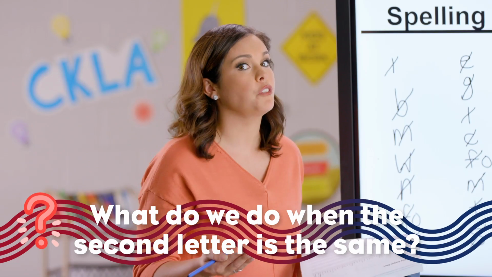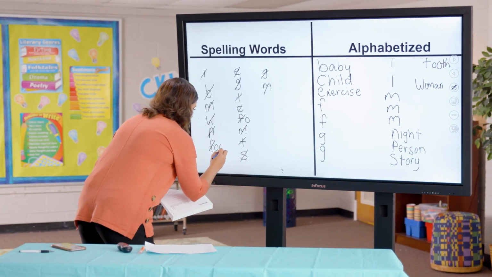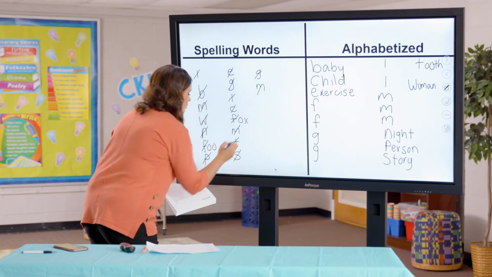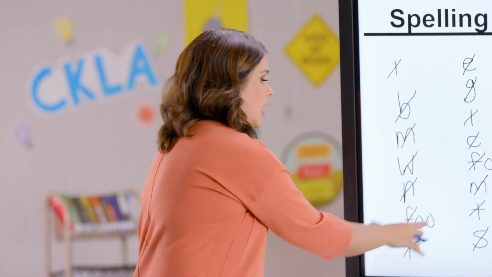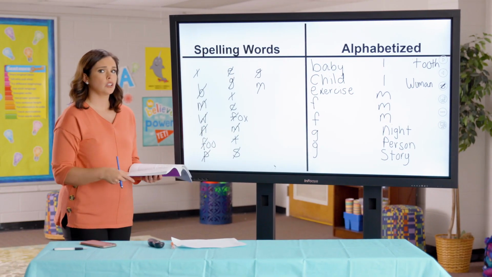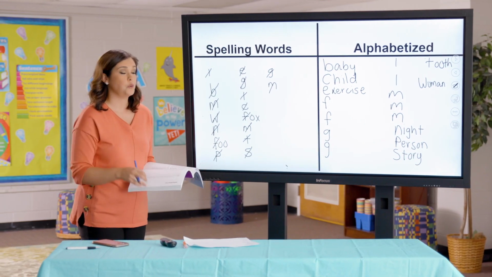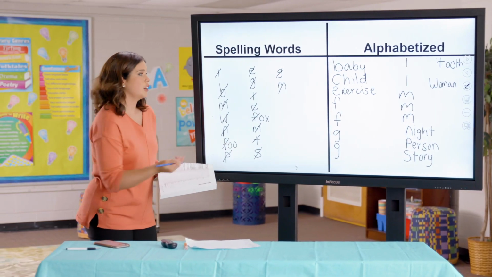Right, we have to reveal the third letter. Our third letter in one of our spelling words is O. In the other word, it's X. Which letter comes first in the alphabet? Right, the O. So this word would come first.